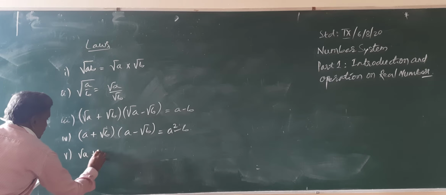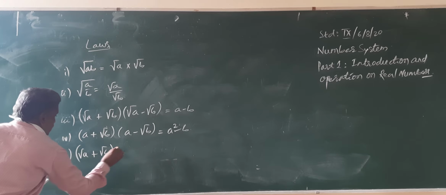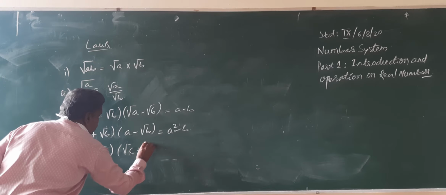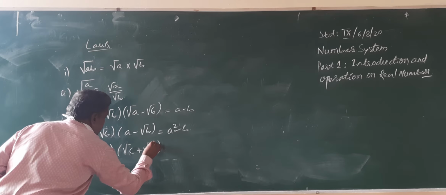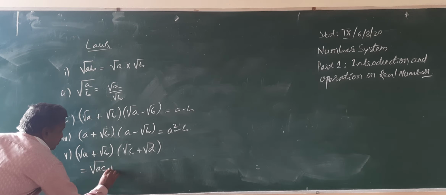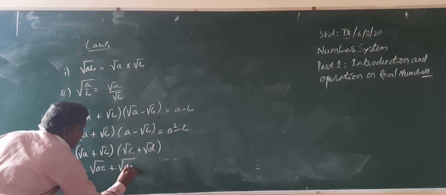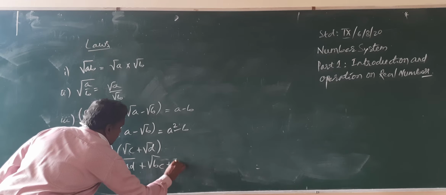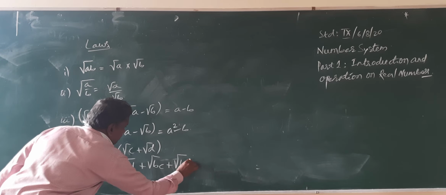Root a plus root b into root c plus root d equals root ac plus root ad plus root bc plus root bd.